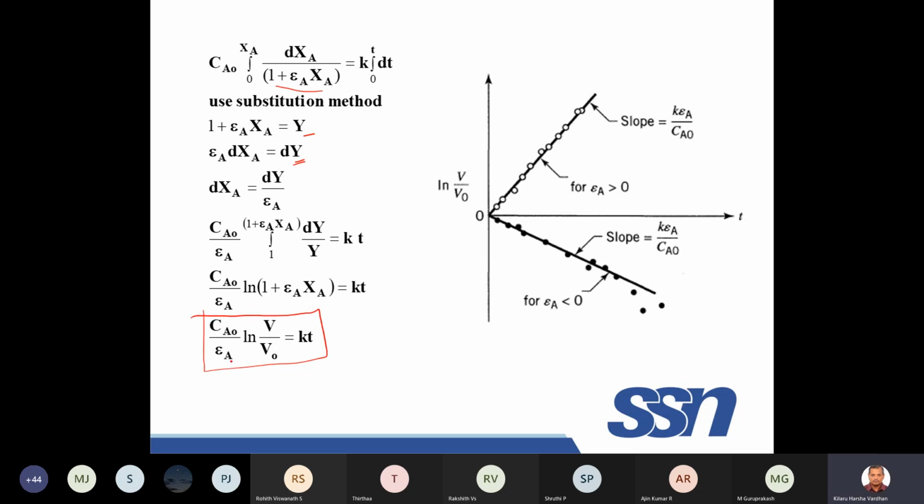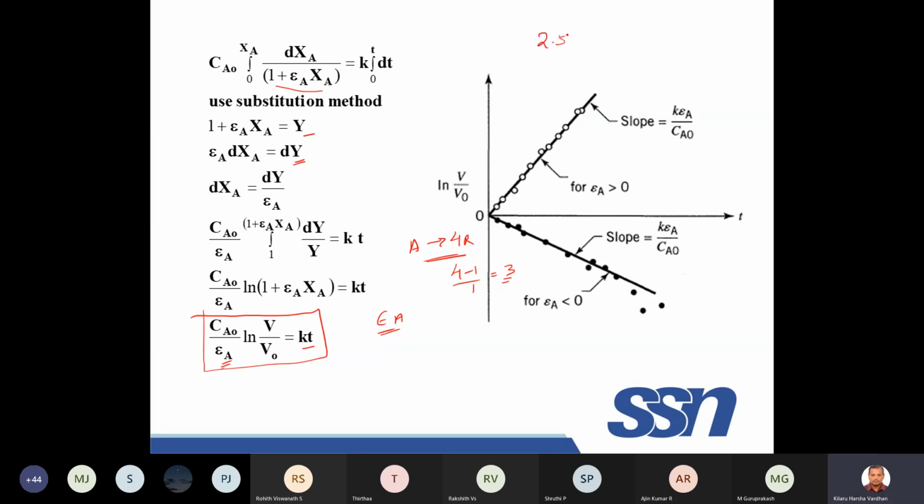So this is the final form of the equation: CA naught by epsilon A, ln V by V naught, is kt. If you draw a graph of t versus ln V by V naught, it will have a positive slope or a negative slope. It depends on the expansion coefficient. Sometimes if A is giving you 4R, you get a positive quantity because 4 minus 1 divided by 1 is 3. So if there is a positive slope, you get a curve like this.